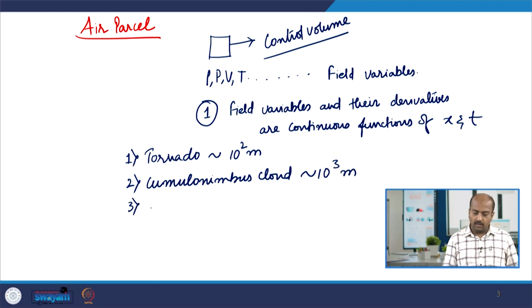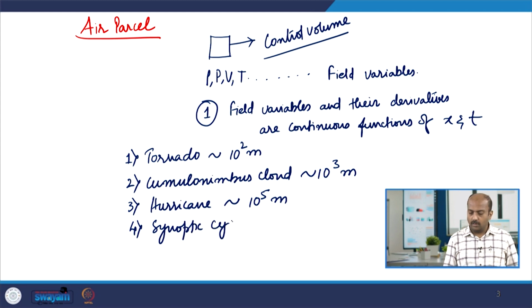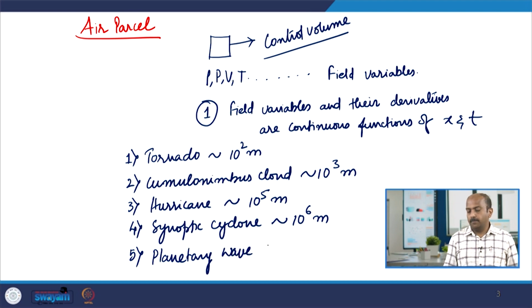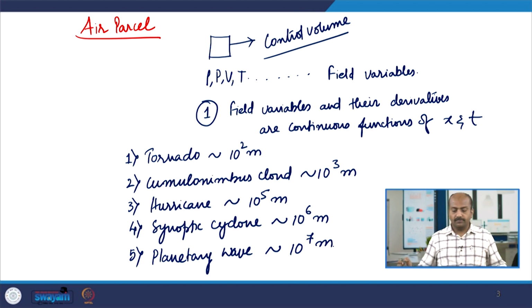A hurricane is 10 to the power of 5 meters. A synoptic cyclone is of the order of 10 to the power of 6 meters. And a planetary wave is of the order of 10 to the power of 7 meters.